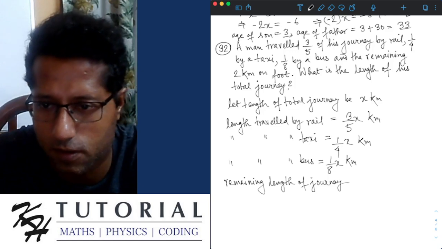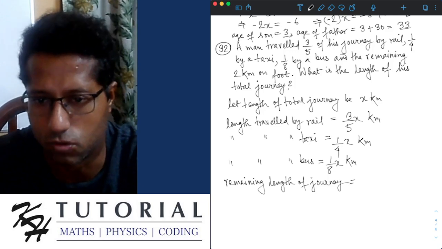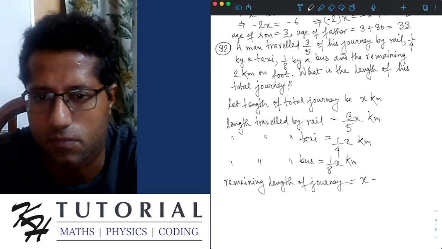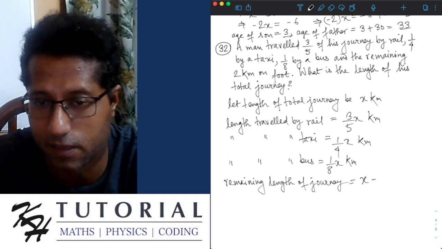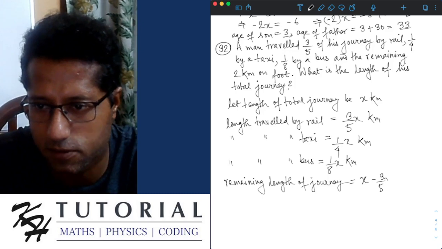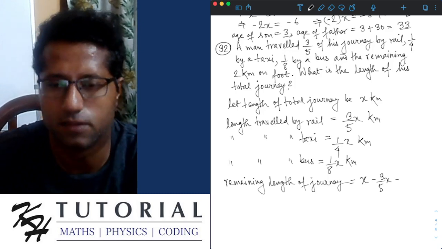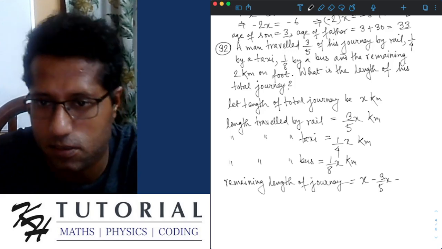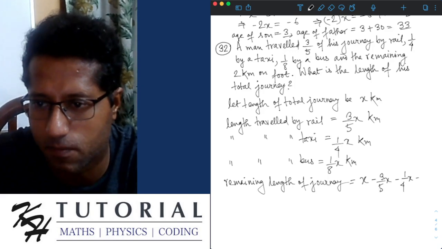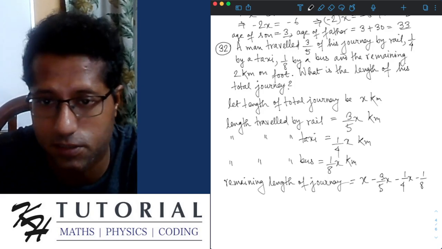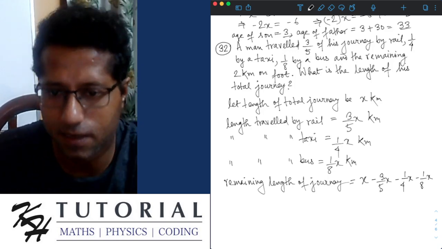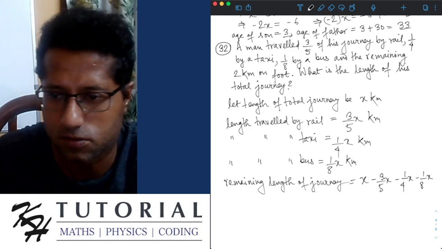The remaining length of the journey will be the total journey, that is x, minus the length traveled by rail, 3/5 of x, minus the length traveled by taxi, 1/4 x, and minus the length traveled by bus, 1/8 x. So the remaining length of the journey is this.